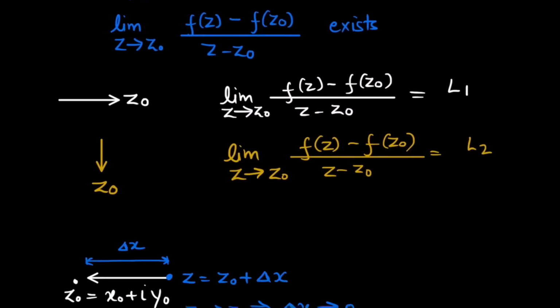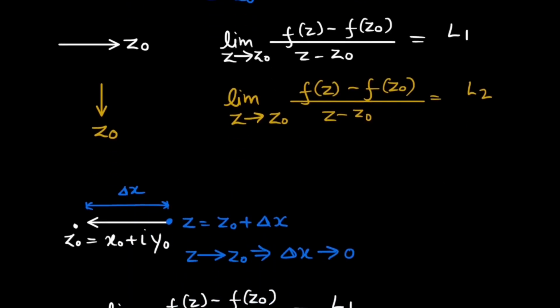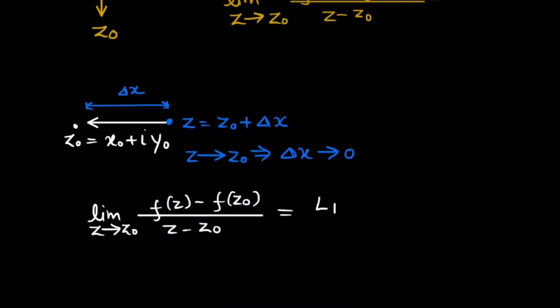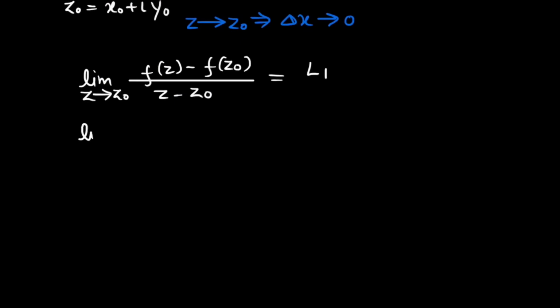So L1 is this. So we have the limit as z tends towards z naught. So from here we can conclude delta x is tending towards 0. Okay.